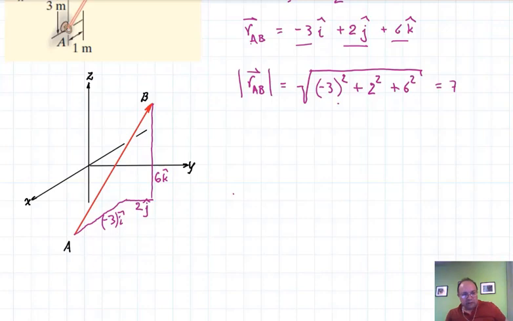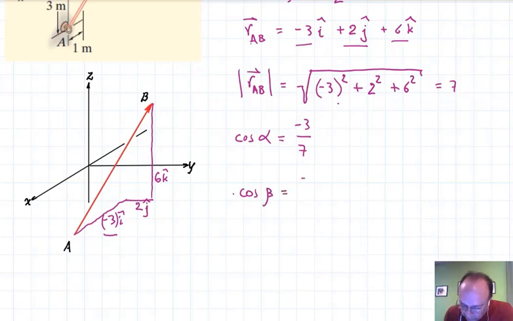With the arc cosine of these values we get the angles. So cosine of alpha will be -3 divided by 7. Cosine of beta will be 2 divided by 7, and cosine of gamma will be 6 divided by 7.